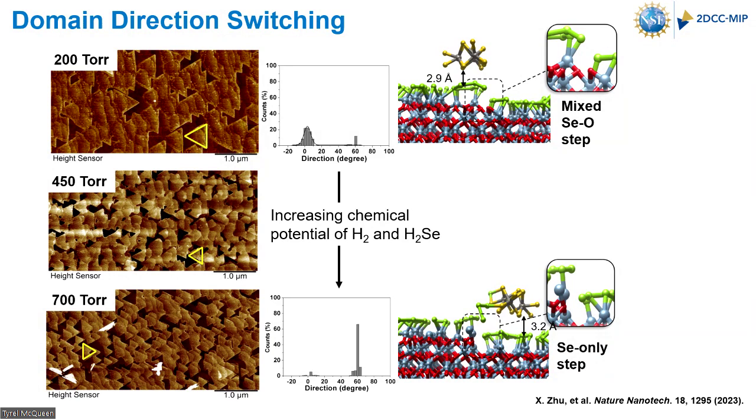So now we have 60-degree oriented domains, right? So the upshot of this work, what this really taught us, is that to understand and be able to control the direction of TMD domains on a surface, not only do you have to understand the structure of the sapphire, like the step structure, but you also have to understand the surface termination.